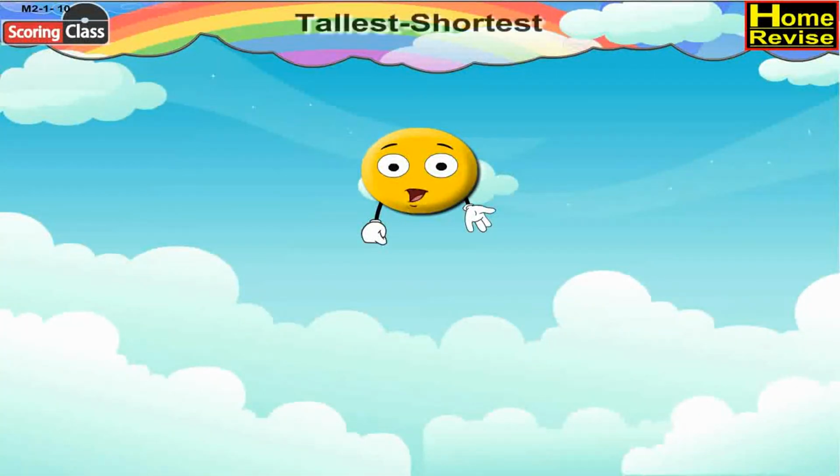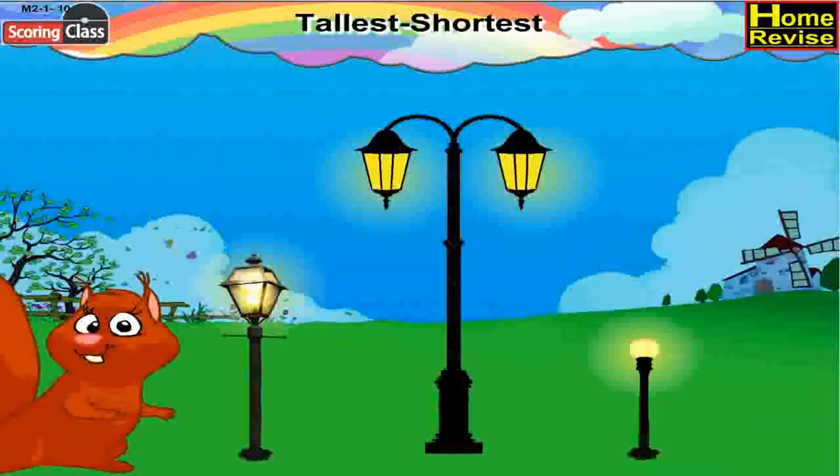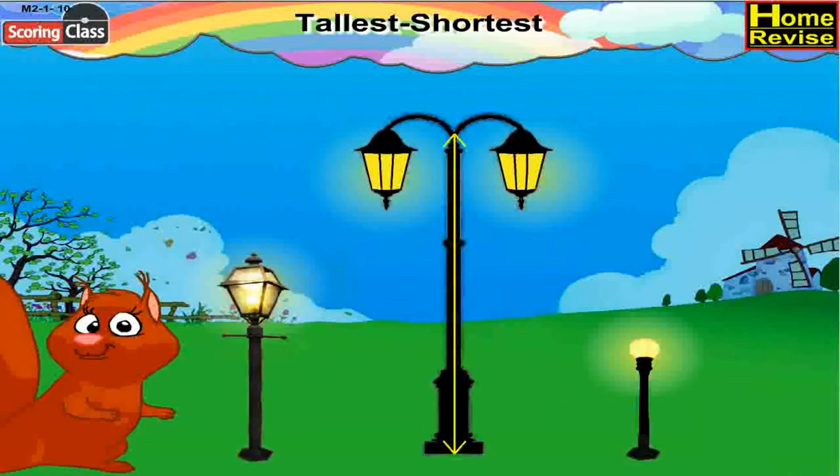Now let us talk about tallest, shortest. Kids, there are three kinds of lampposts in this picture. Now one of them is tallest and one of them is least tall, which means shortest.